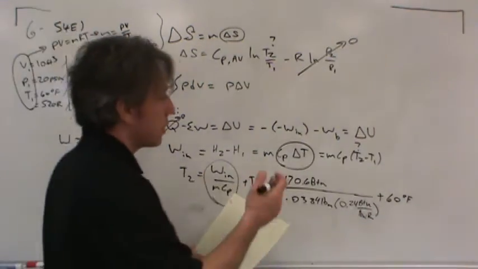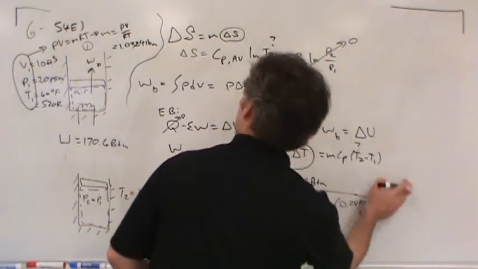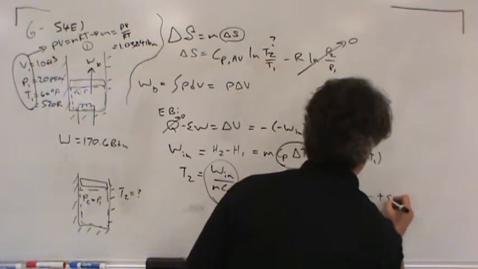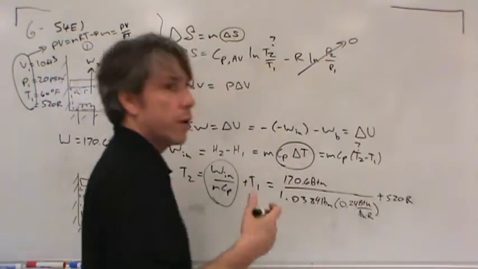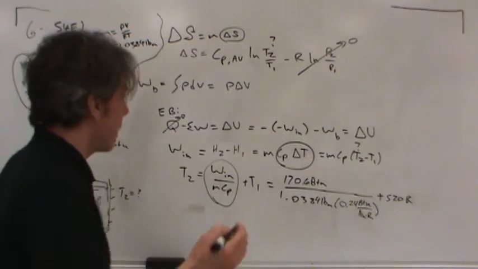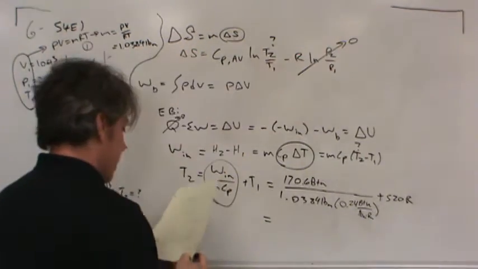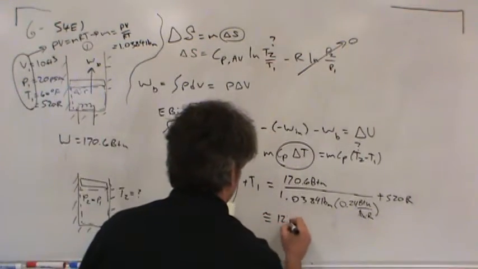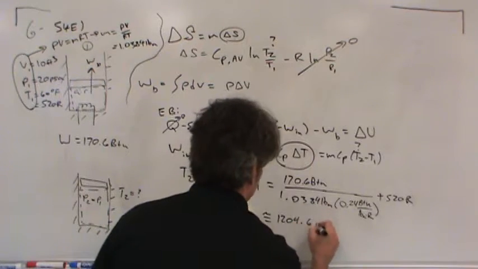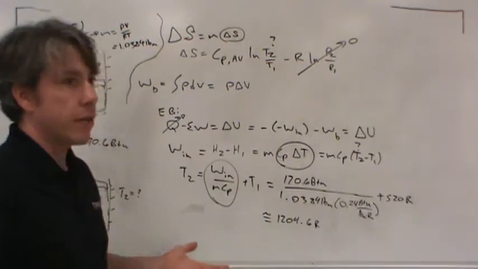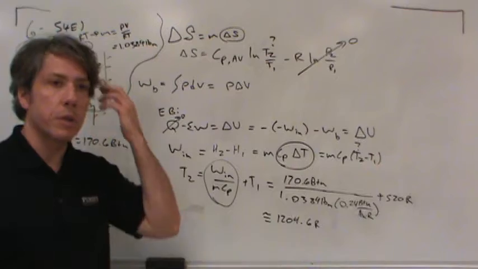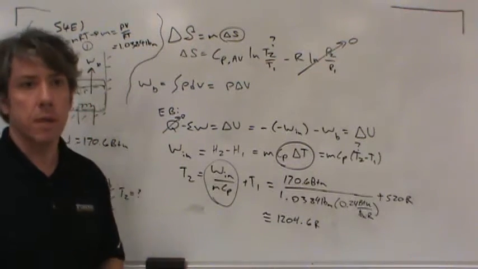Now in my notes I went ahead and added this to the 520 Rankine because I knew I would need Rankine anyway. So this comes out to about 1204.6 Rankine. If I calculate it in Fahrenheit, I just have to add 460 to it, and I get the same thing.